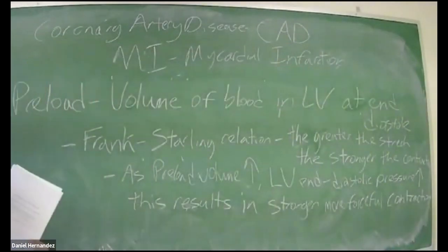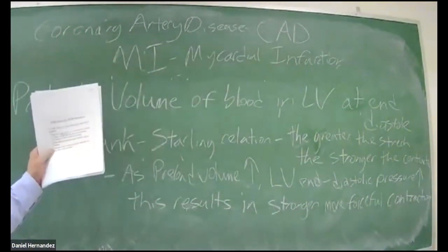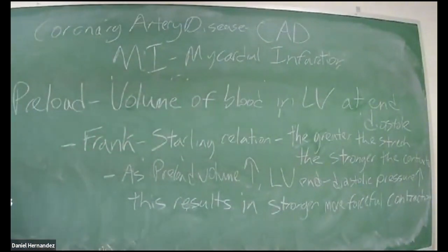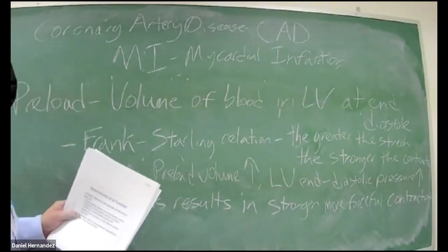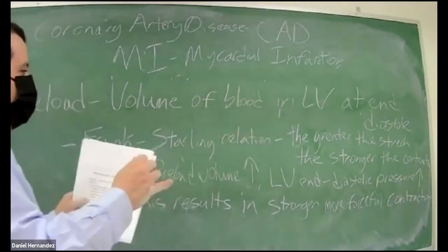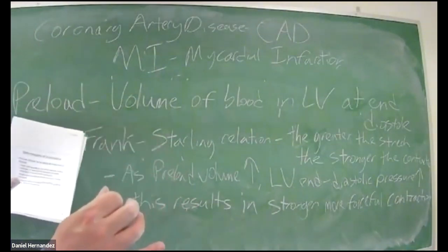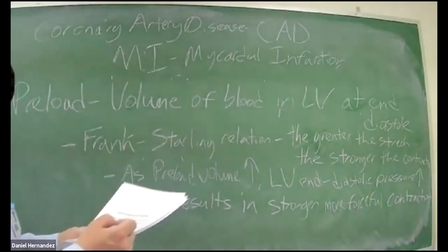So I kind of think of this as a rubber band. The more you stretch that rubber band, the more it's going to want to snap back and contract. So that's basically the premise of this Frank-Starling relationship. So as the preload volume, that volume of blood in the left ventricle during diastole, increases, the heart's going to compensate by having a more forceful, stronger contraction.